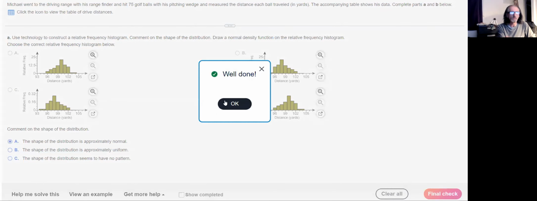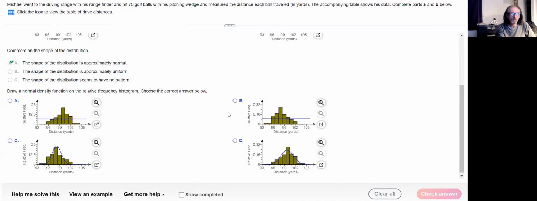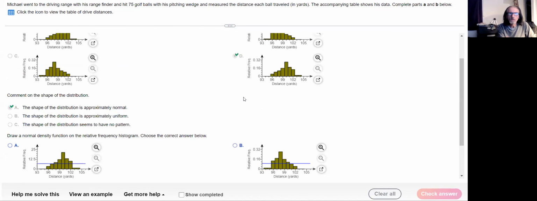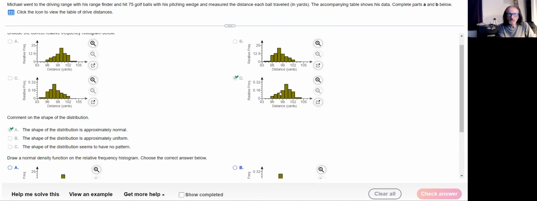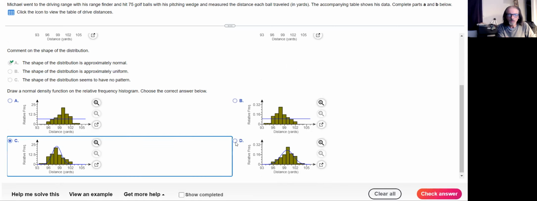It is. So we're saying this choice, and they want us to draw a normal density function. I draw the normal curve over that. It's going to look most like D again.